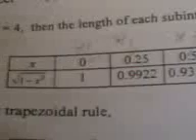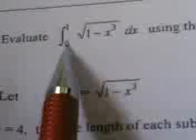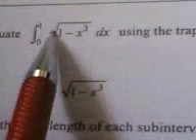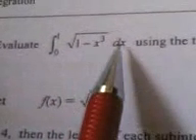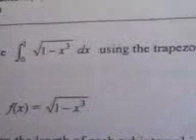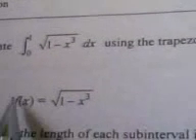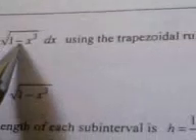Here is example 1. Example 1 is to find the integration from 0 to 1 of the square root of 1 minus x cubed dx using the trapezium rule with 4 strips.